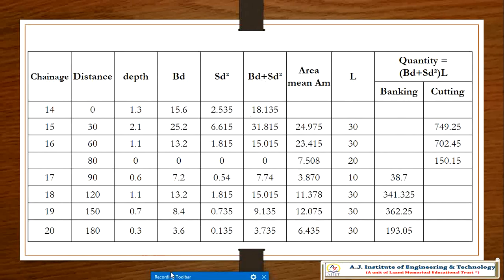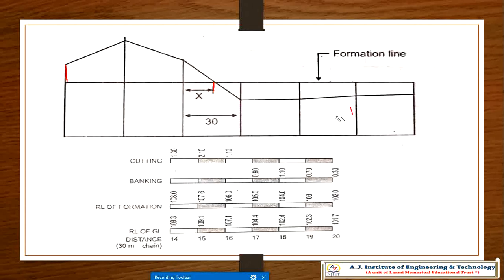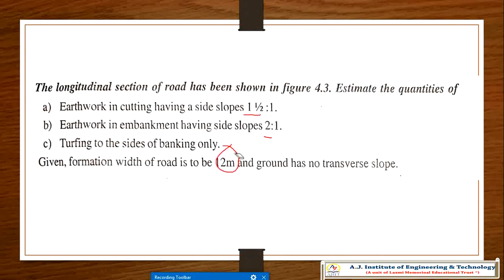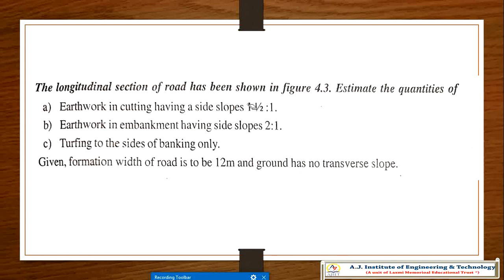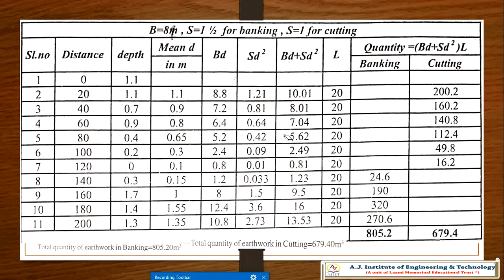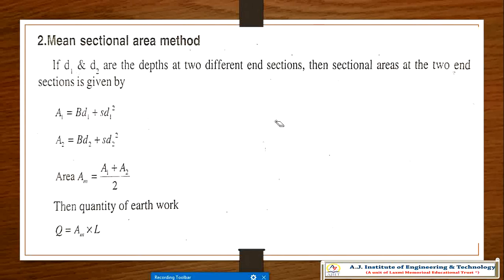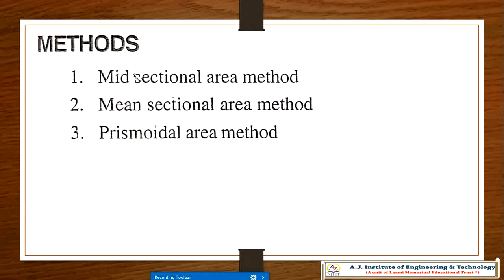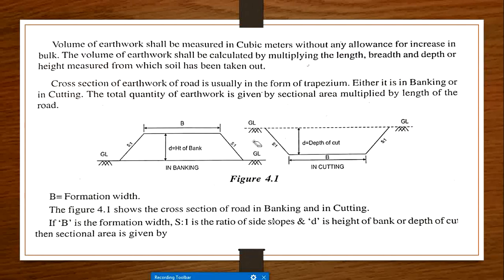Of both the methods. So now, if we concentrate on road work, we completed almost all the estimation methods as mentioned in the syllabus. In road work we completed all types also: mean sectional, mid sectional, prismoidal. If required, please raise a comment and I will explain, but otherwise it's not required.